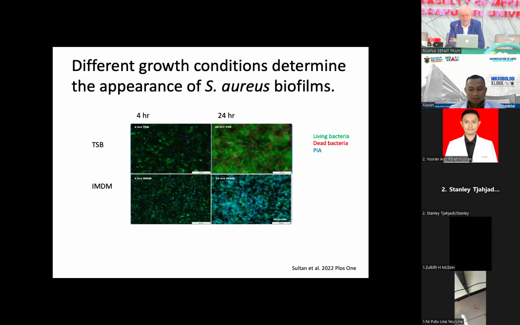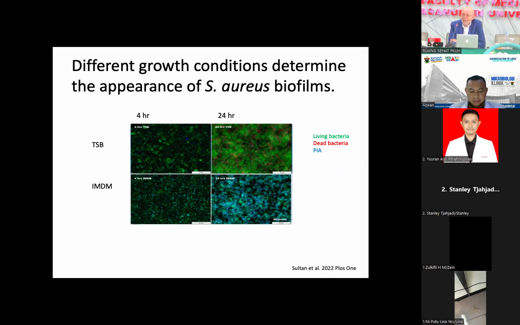And this is a nice experiment done by Dr. Sultan. TSB is, of course, tryptic soy broth. When you stain the bacteria, which is done over here with a live-dead stain, the living bacteria are green, the dead bacteria are red.